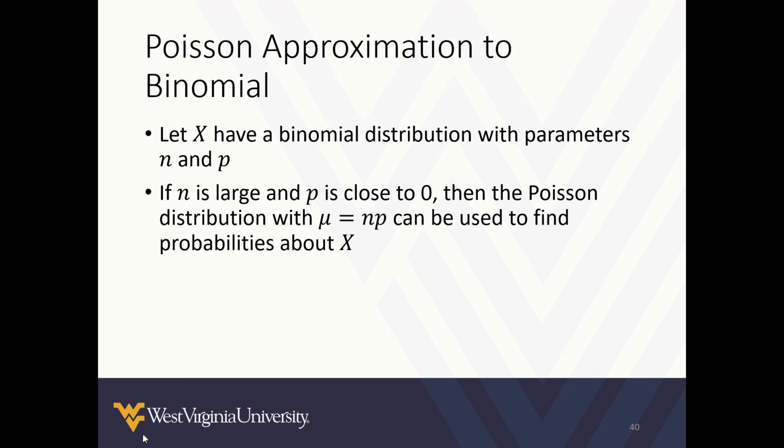Stated more clearly, if you have a binomial situation, so successes and failures, but your sample size is very large and the event of interest has a very small chance of occurring, we can use the Poisson distribution instead.